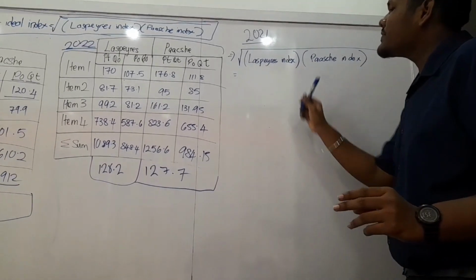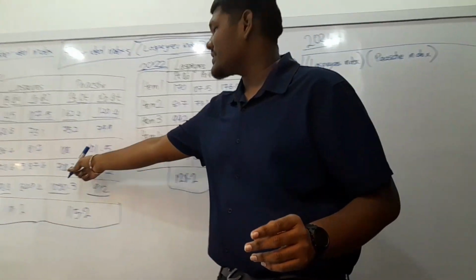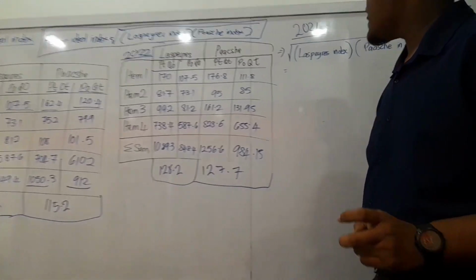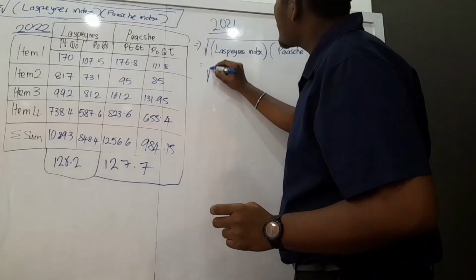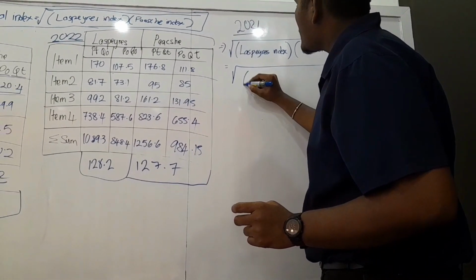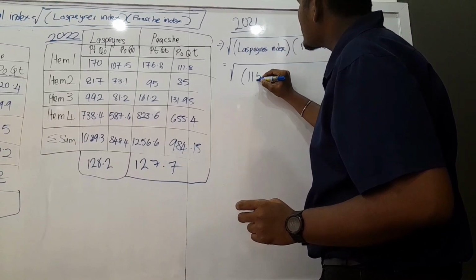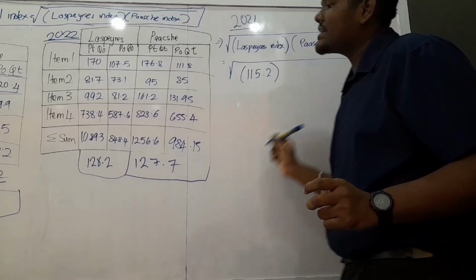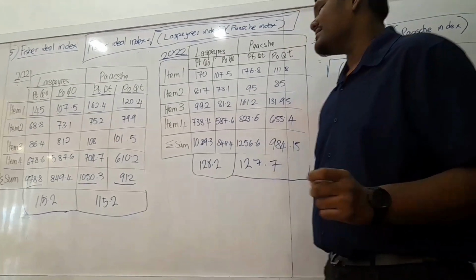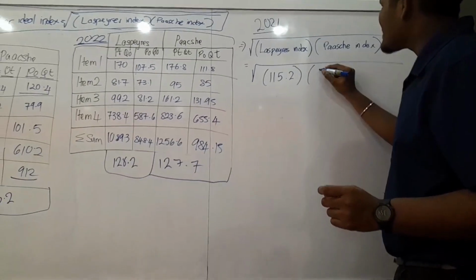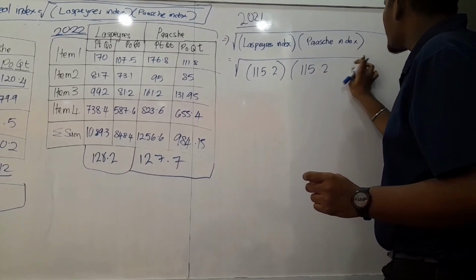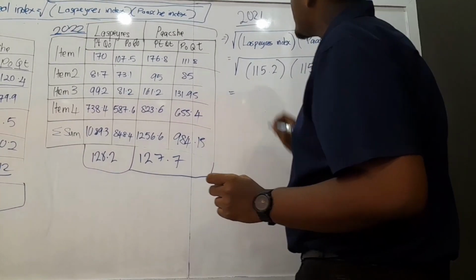Now for 2021, the Laspeyres is 115.2, and for the Paasche index, the same answer, 115.2. Now let's do this.